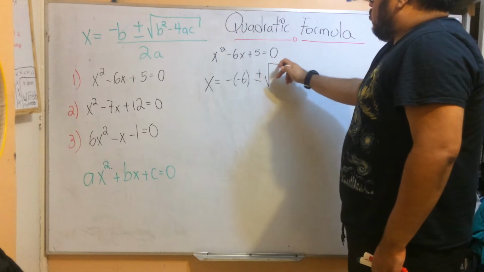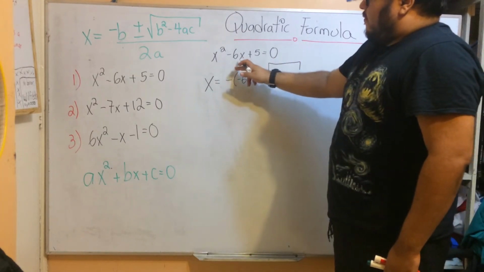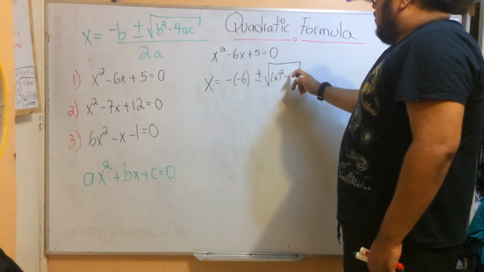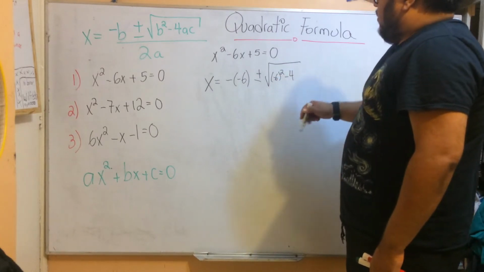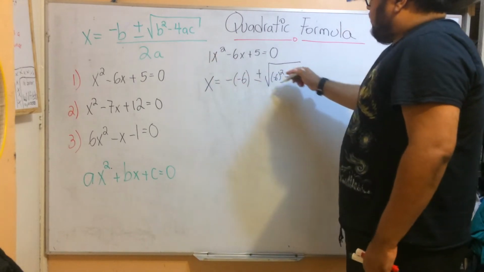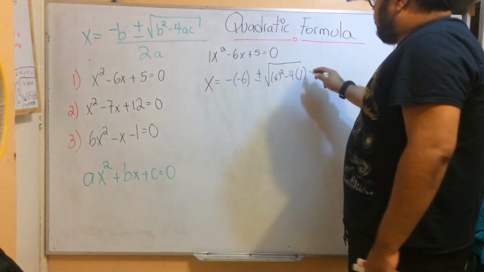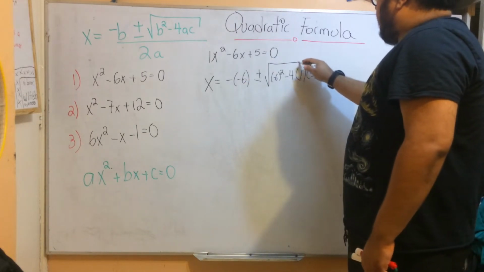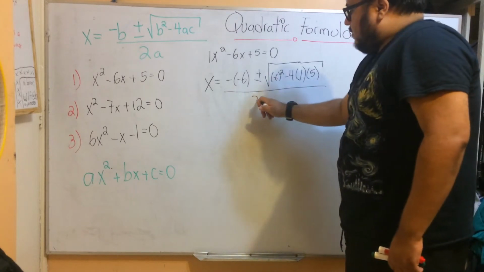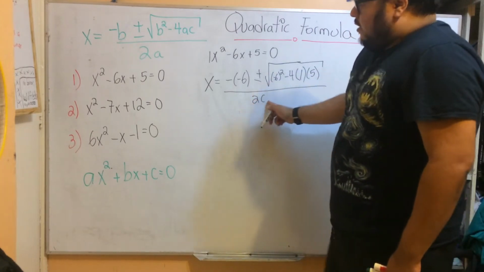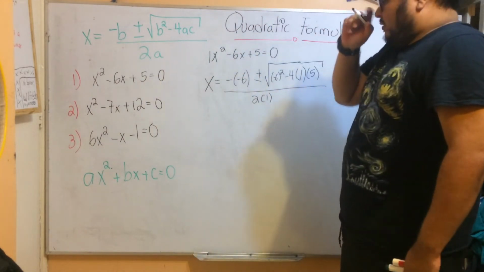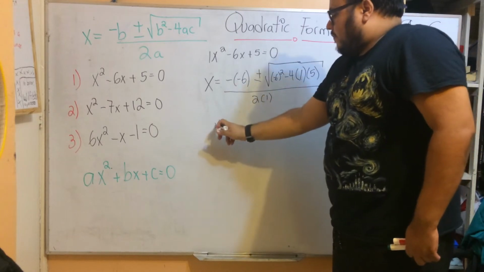Then we have the square root of b squared, which is going to be negative 6 squared, minus 4 times a, which is 1, times c, which is 5. All of this inside the square root, and all of this divided by 2 times a, which is the first term, times 1. So let's start solving.